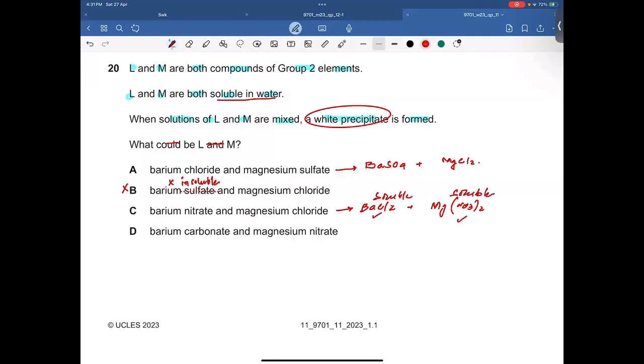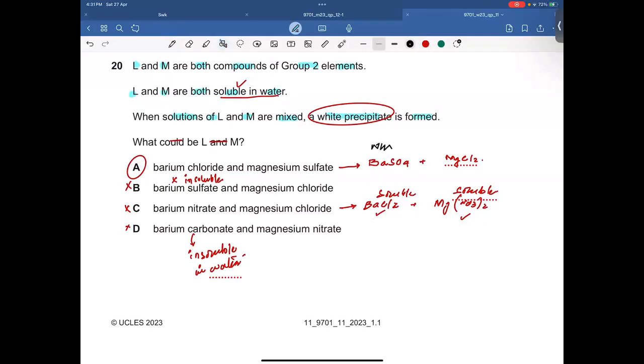So we are not getting any precipitates in this scenario. It's also correct. Barium carbonate is insoluble in water. Examiner has given a clear instruction that it is soluble, which means it is also incorrect, and therefore A is going to be the right answer because barium sulfate gives white precipitates. It is also soluble, and it is also soluble in water.